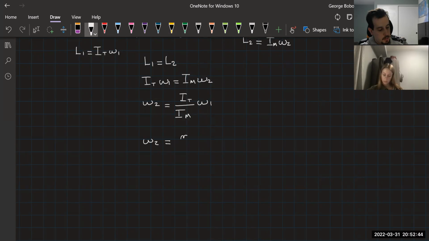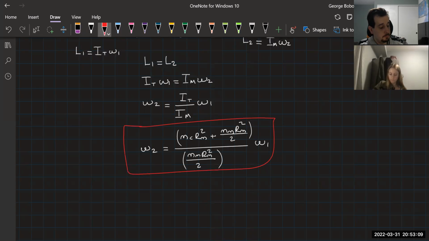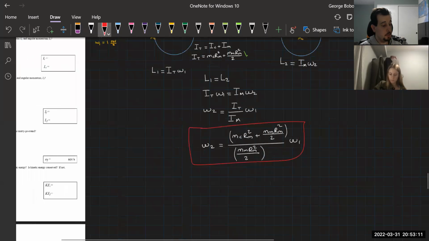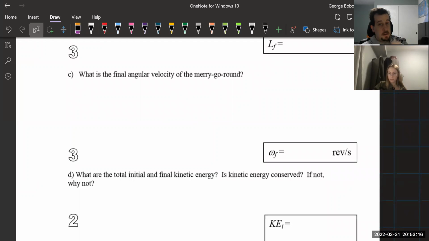This is m child rm squared plus mm rm squared over 2 divided by rm squared over 2 times omega 1. This is in terms of original variables. That's it. If you wanted to find omega 2, which is probably what they're asking for, there you go. So that's part C.